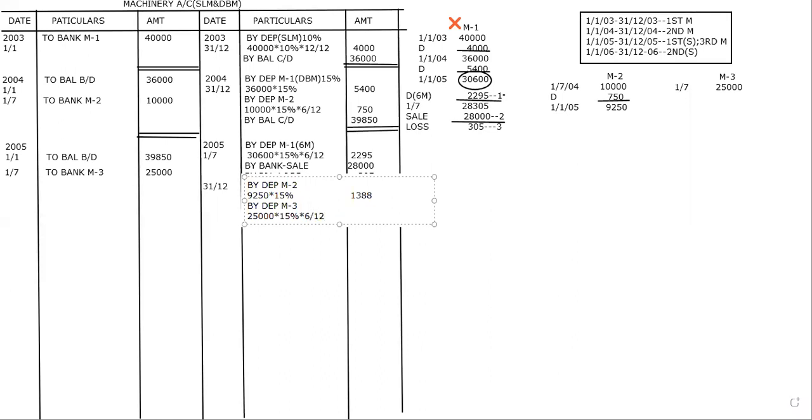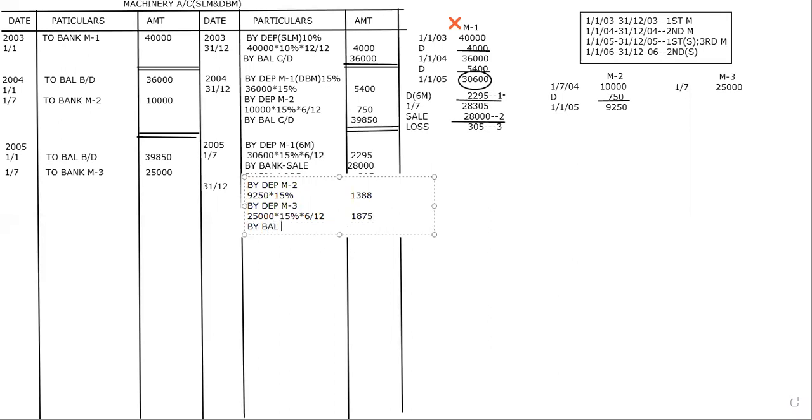ఇప్పుడు ఇది calculate చేయండి. 25,000 into 15%. 1,875, ma'am. 1,875, right? Now I have got it. Now I need to find out what is the balance carried down.